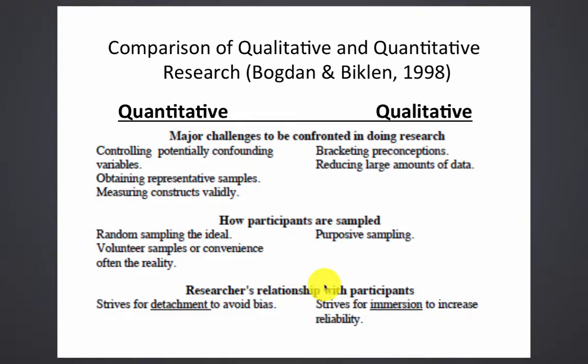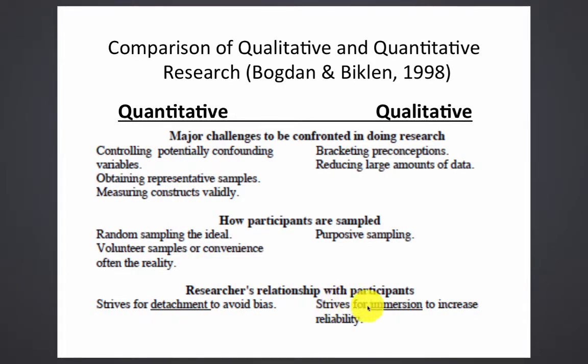Researchers' relationship with the participants. Very much in quantitative methods, we are striving for detachment. We are trying to create situations where the participants don't even know they're being studied in some cases, but blinding the participant and the data collector to the conditions is something we talk about in order to try and clear up any bias that being studied might impact on the participants.